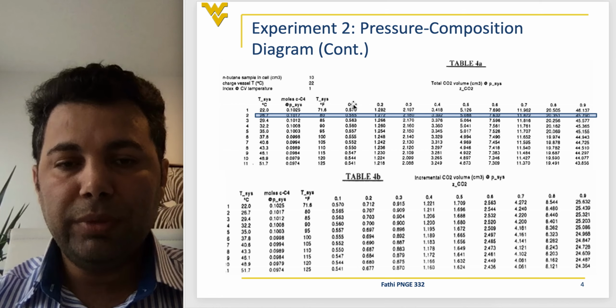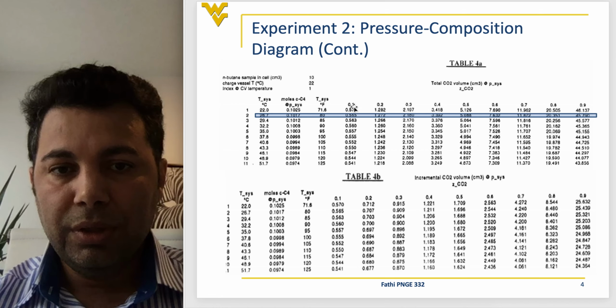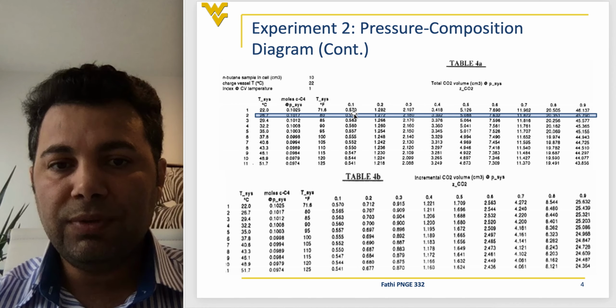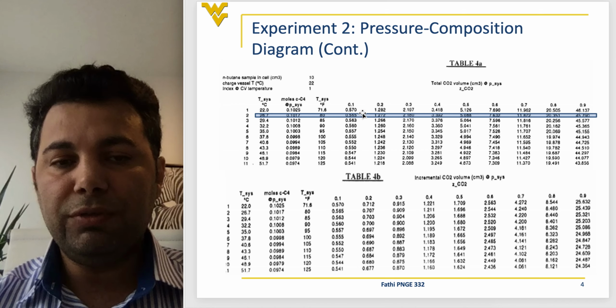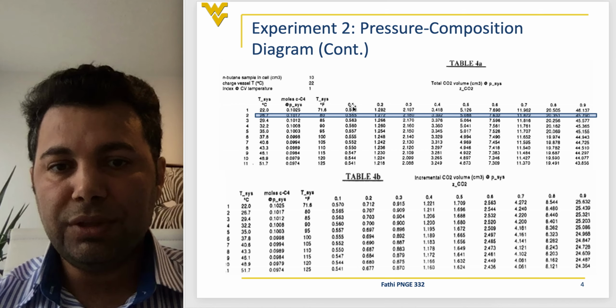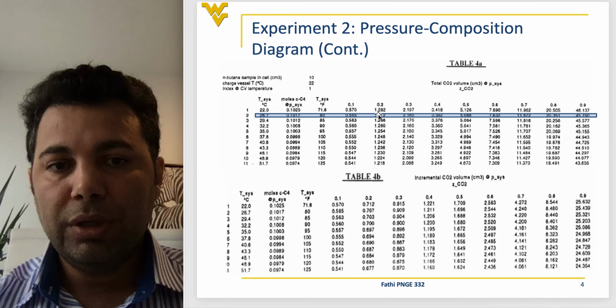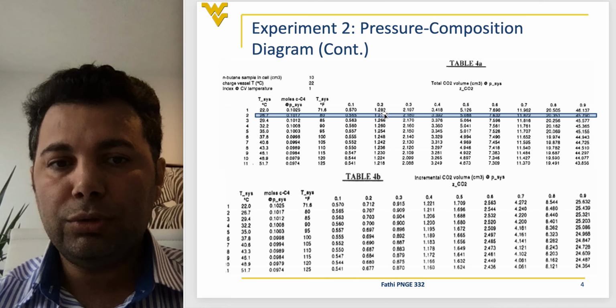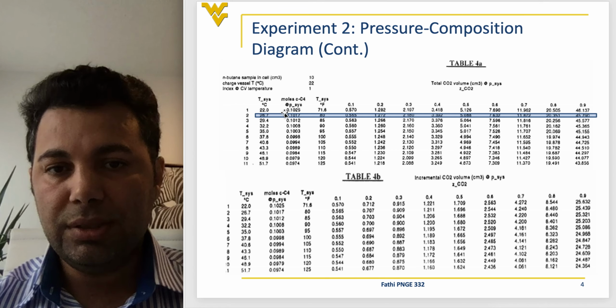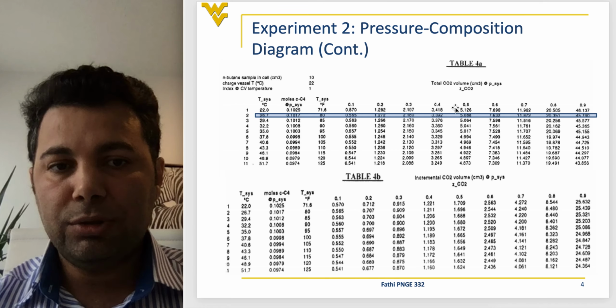So if I want to make 10% CO2, I need to add 0.570 cc of CO2 to the visual cell to generate a mixture of 10% CO2, 90% N-butane. If I want to generate a mixture of 20% CO2, 0.2, then I need to add 1.282 cc of CO2 to this N-butane, and so on and so forth.